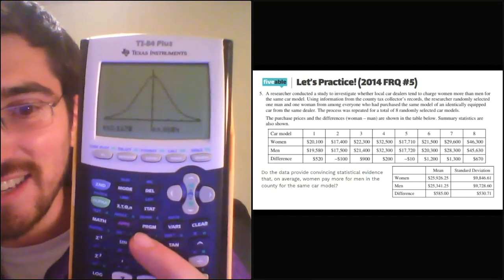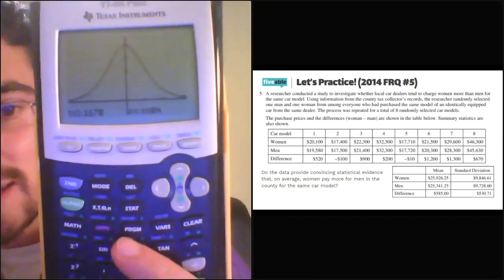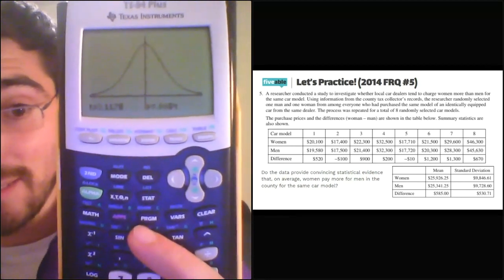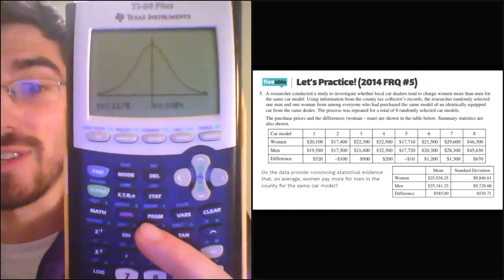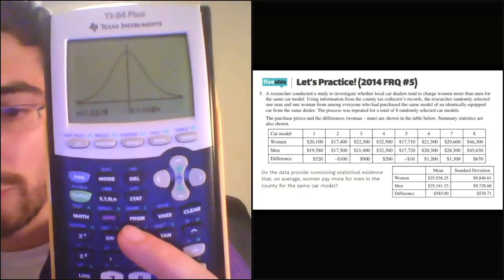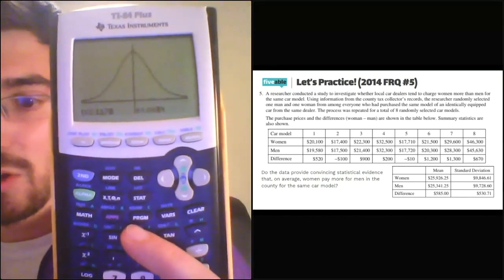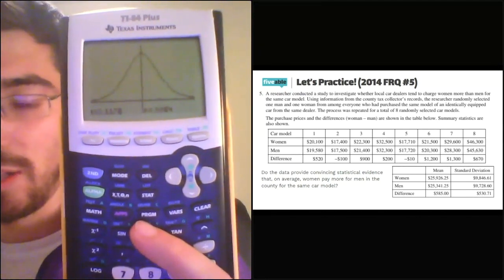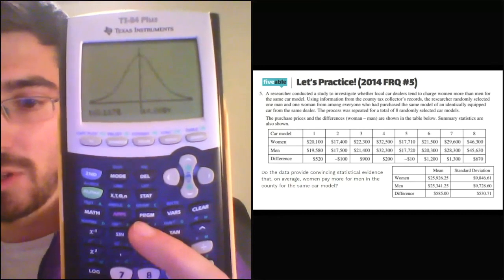Okay, and I see I've got my t-test statistic. Boy, women pay a lot more than men, which is a larger societal statement, I think. But ultimately, that p-value, 0.0084. Okay, so what am I going to write? Let's do our conclusion.